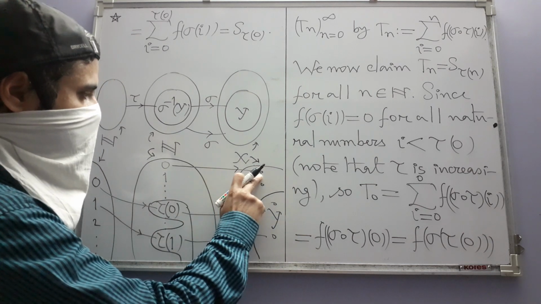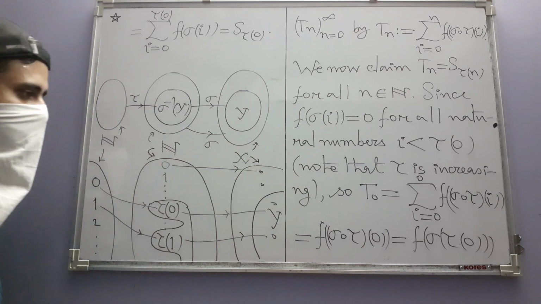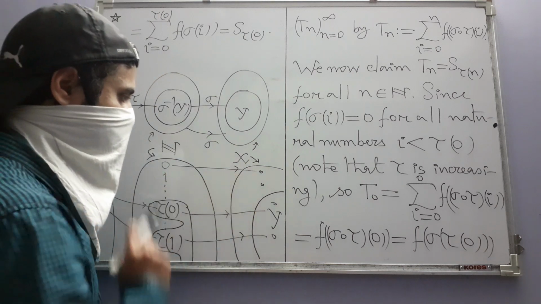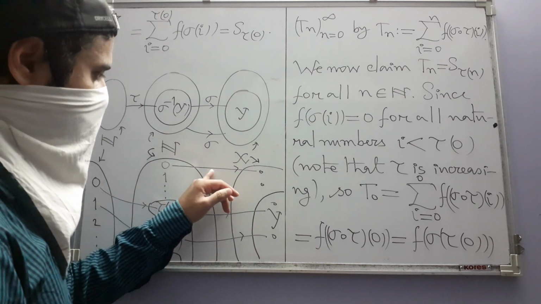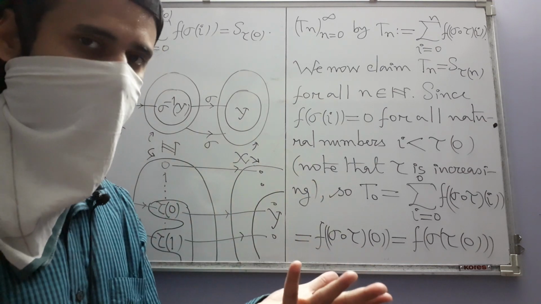Sigma of 0 is not an element in y. How am I able to suddenly say that sigma of 0 does not belong to y?